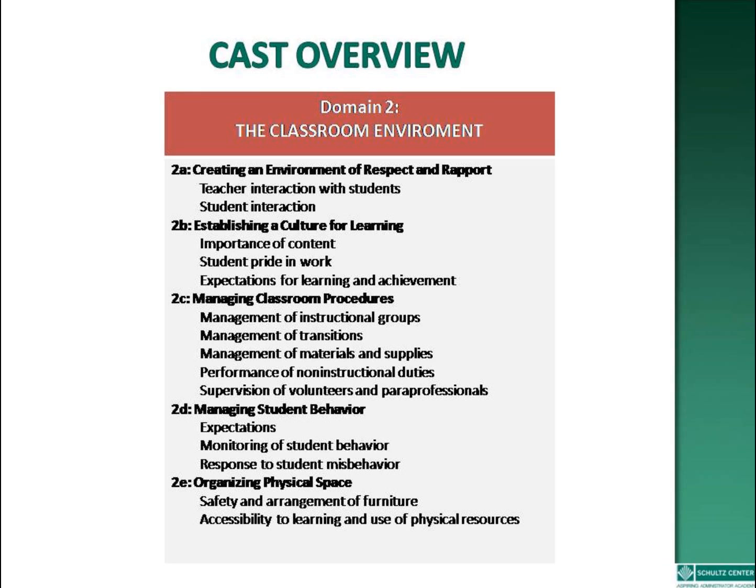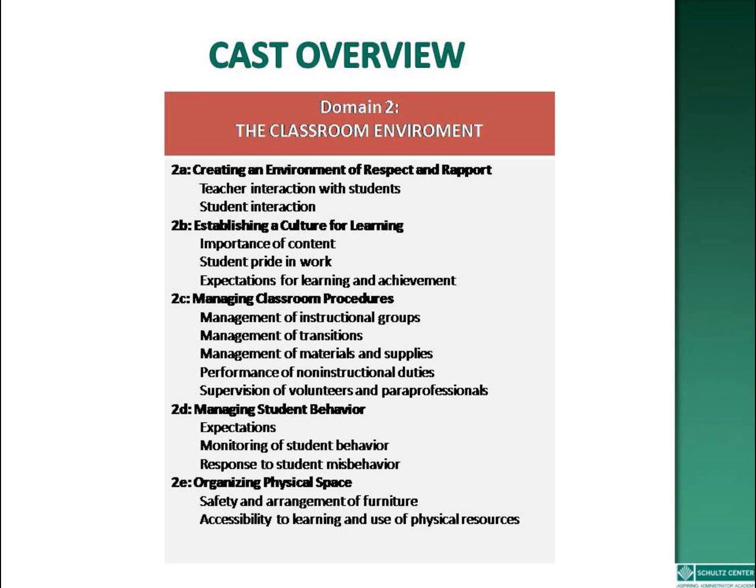Each of the 22 components defines a distinct aspect of a domain, and components can be further broken down into multiple elements or threads. For example, Domain 2, Classroom Environment, is divided into 5 components: 2A, 2B, 2C, 2D, and 2E.